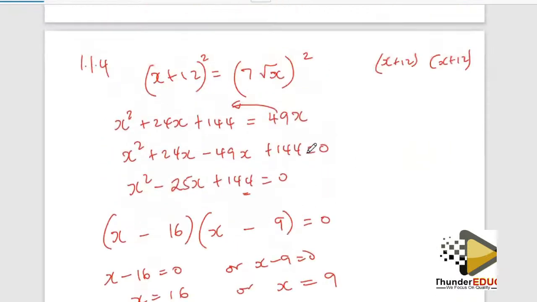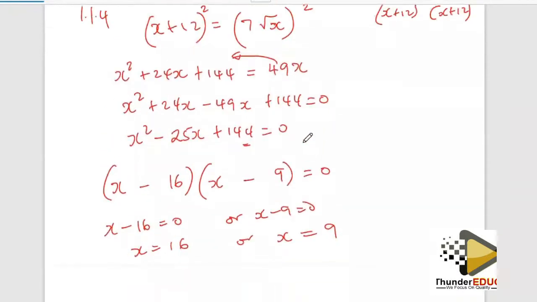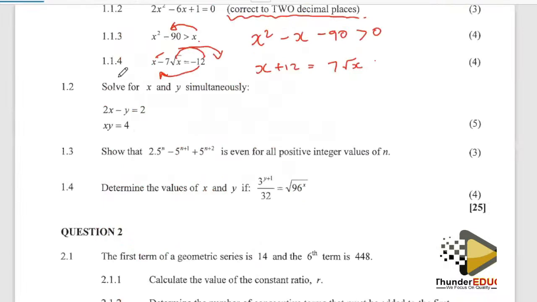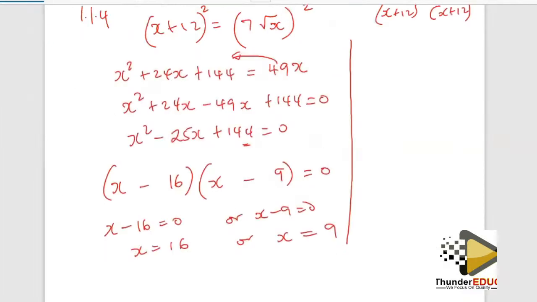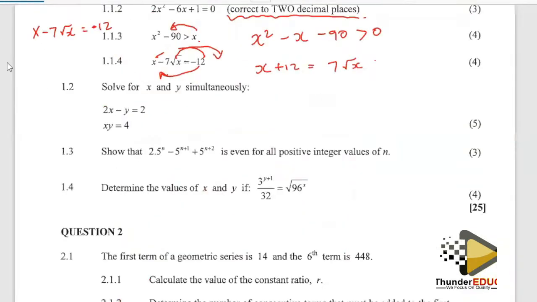Now we do not stop at that. For as long as we have square root signs involved, we need to go back to the question and test to see which solution satisfies the given expression. So if I have my x minus 7 square root of x is equal to negative 12, let me test x using 16.